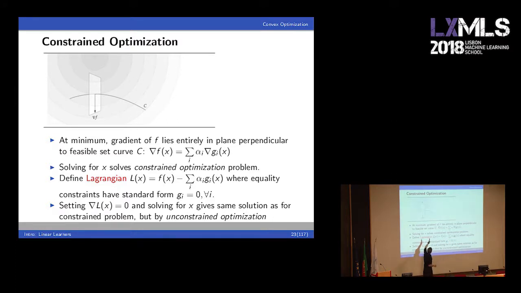So at the minimum of the function under the constraints, what you have to find is the point where the gradient of the function and the gradients of the side conditions are in one plane. Using this construction, you can set up a so-called Lagrangian.